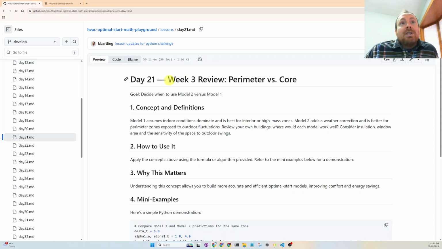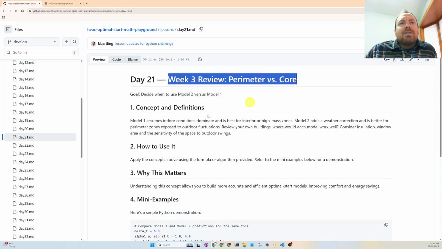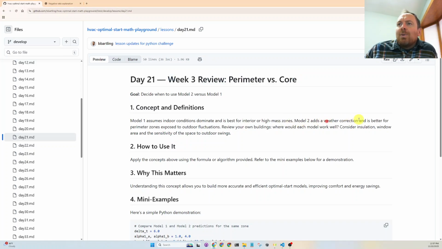So week 3 review, perimeter versus core. Model 1 assumes indoor conditions dominate and is best for interior or high mass zones. Model 2 adds weather correction and is better for perimeter zones that are exposed to outdoor air fluctuations.